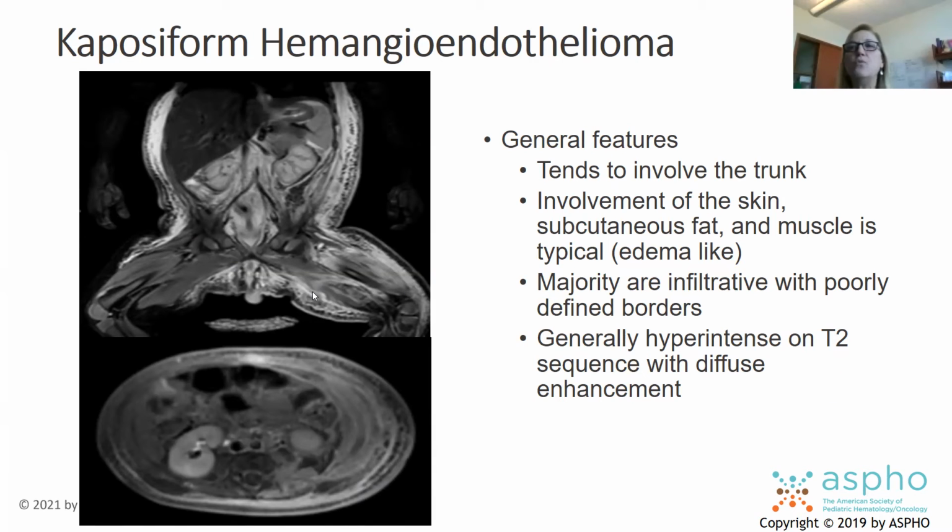This is not a well-defined tumor as we see with other kinds of vascular tumors, such as angiosarcomas. Sometimes fibrosarcomas can have a cutaneous stain, and so they can be on the differential diagnosis, but fibrosarcomas look more like a well-circumscribed tumor versus a KHE, which again crosses tissue planes.